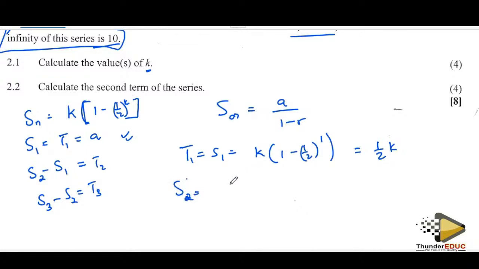My S2 is going to be K into 1 minus 1 over 2 squared.